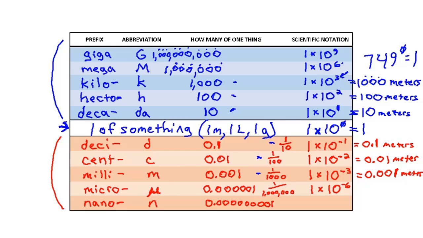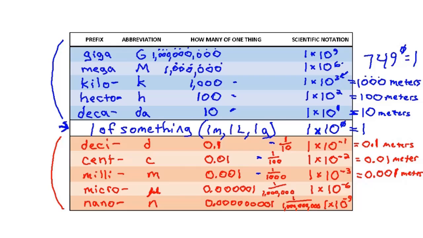That's going to be 9 zeros, including the decimal point, and then a 1 after it. So that's 1 billionth. And that is going to be written 1 times 10 to the negative 9th.